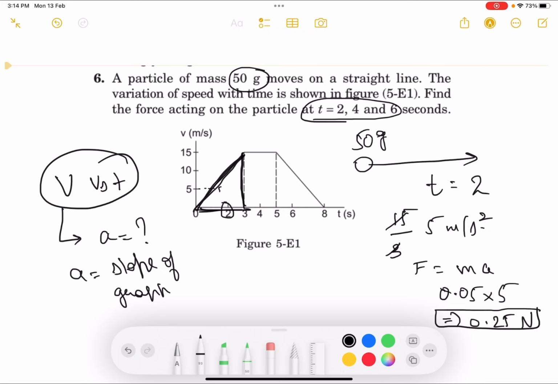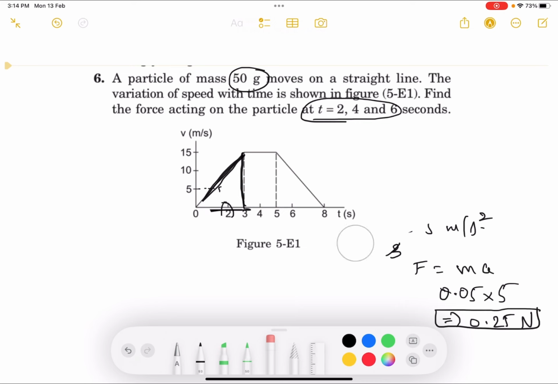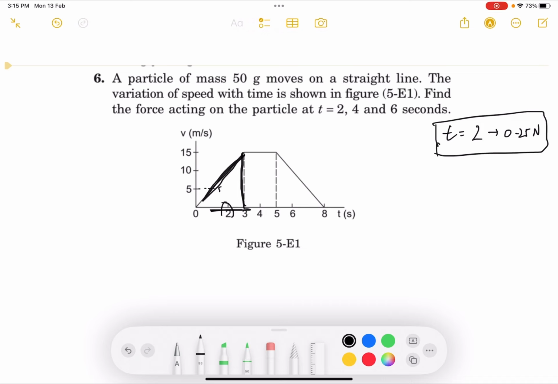Now, at t is equal to 2 seconds, 0.25 newtons is the force. Let's keep this aside. That's the first part of the answer.